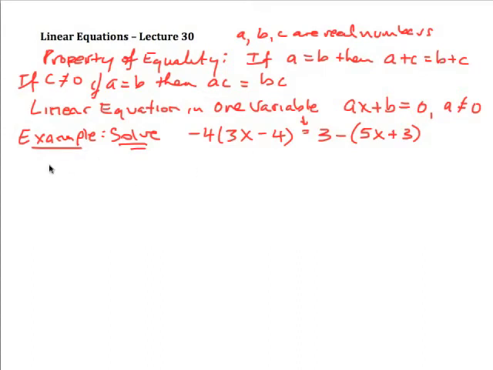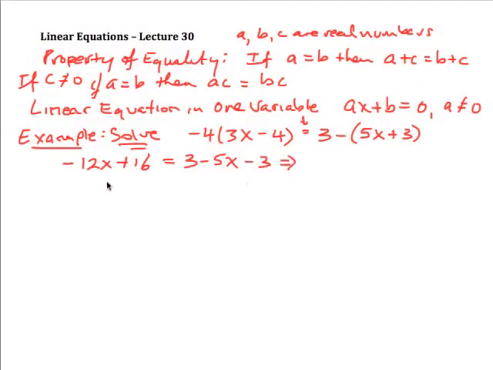So let's first distribute. Negative 4 distributed here gives negative 12x. Negative 4 by negative 4 is positive 16. And be careful here: this is not 3 times negative, this is 3 minus this, so I need to apply the negative to the inside, which means I change the sign of each one. So I end up with this.